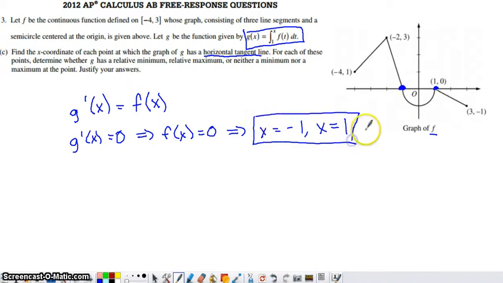Now it asks us to figure out if we have a local max, a local min, or neither at these x values. To do that, what we typically do is build a sign chart for the first derivative. We're going to be looking at the sign of g prime of x on the sign chart, and our sign chart has to be good for the closed interval from -4 up to 3.